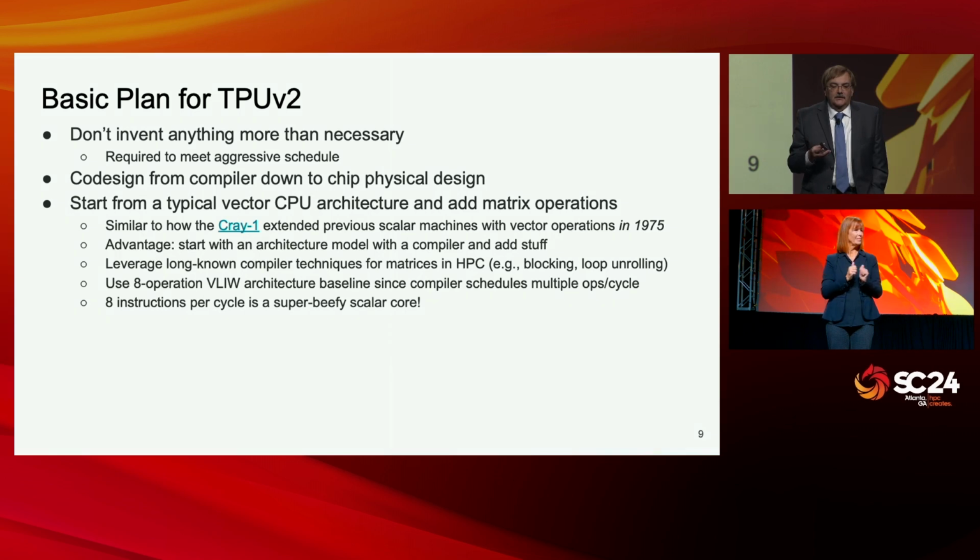VLIW makes the most sense. That's another key thing, I think, being flexible to adopt things that are different than your previous way of thinking, because this is a different application space. And 8 instructions per cycle is a very beefy scalar core. It's nothing to sneeze at.